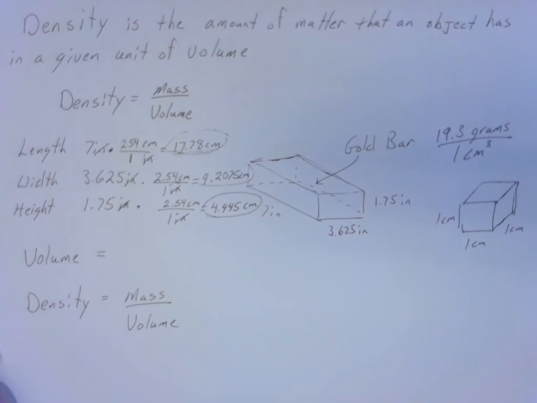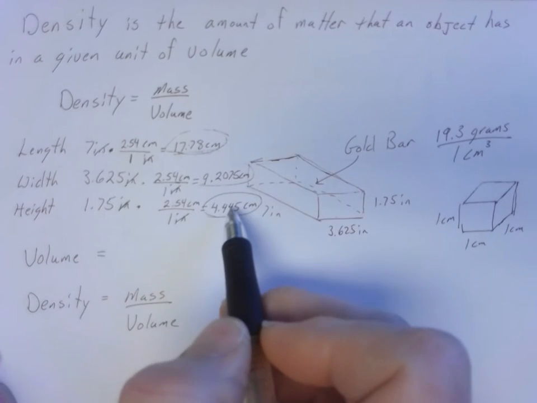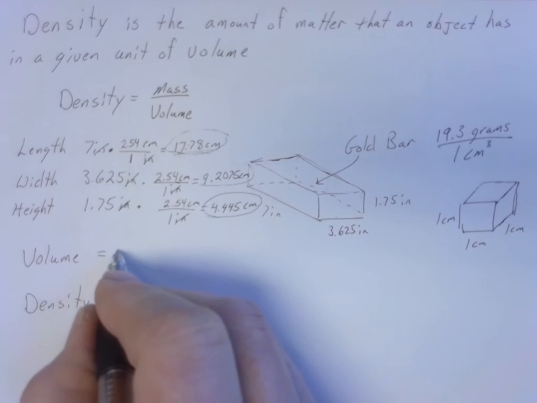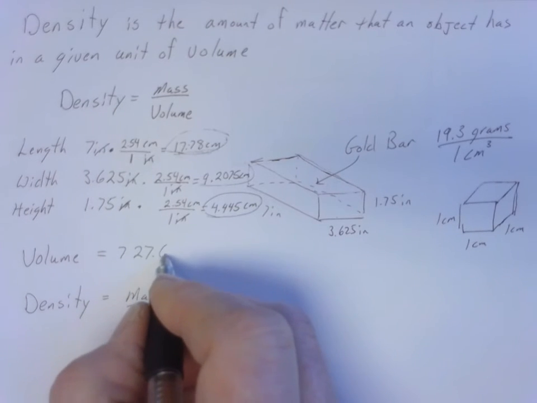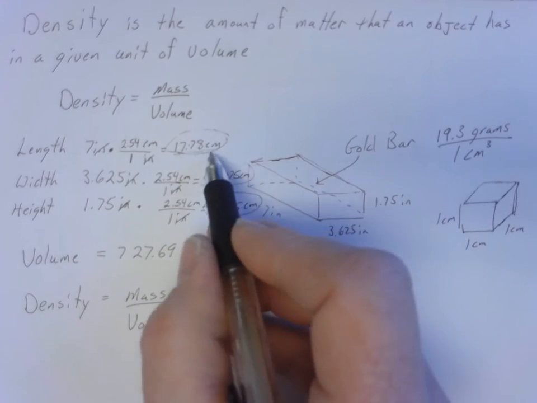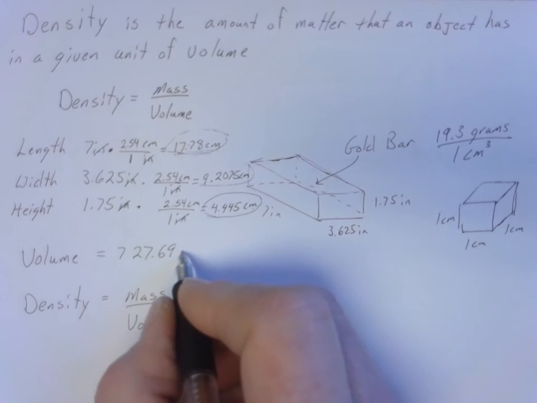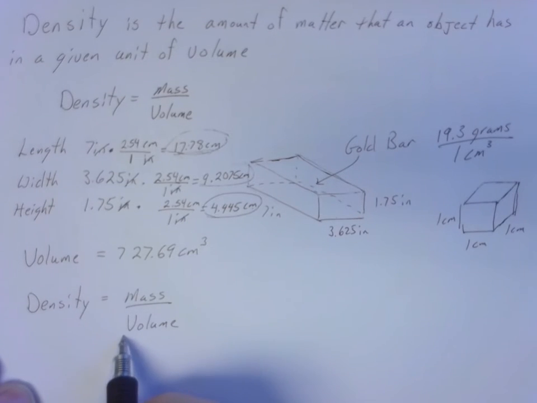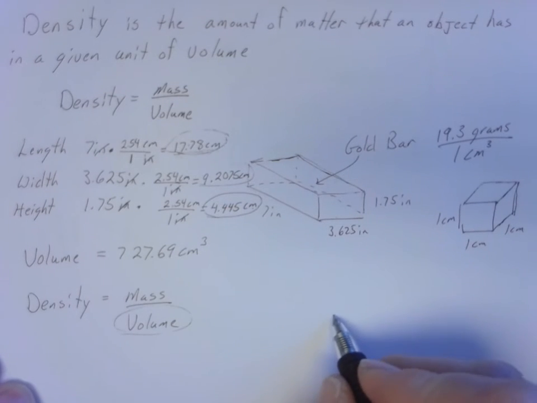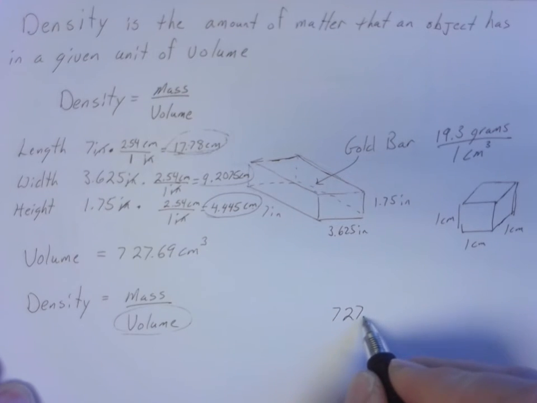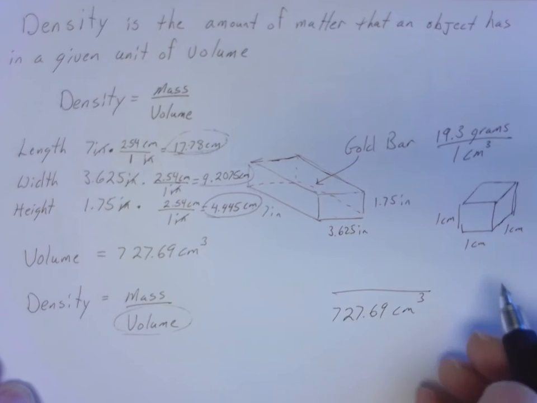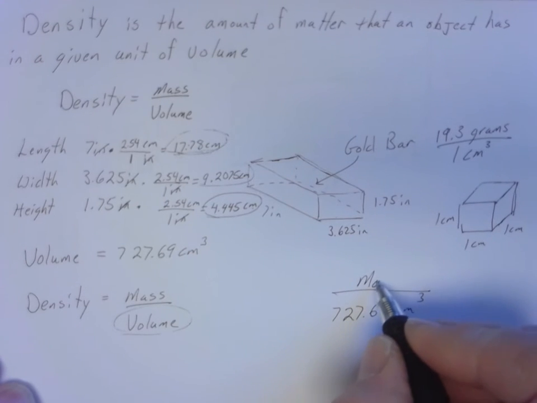So we're just going to basically multiply all three of them together and come up with a volume. 727.69, and centimeters times centimeters times centimeters is cubic centimeters. So now we can plug that in right here for volume. Our volume is 727.69 cubic centimeters.